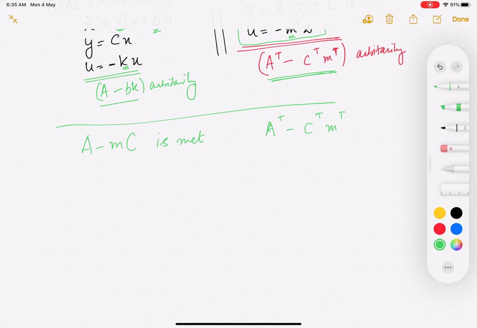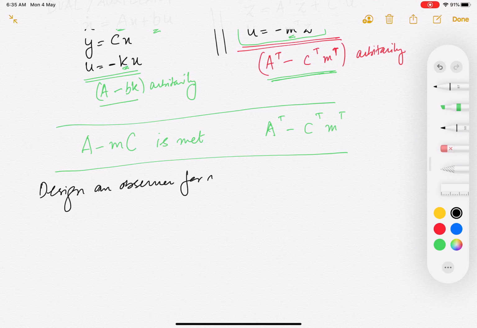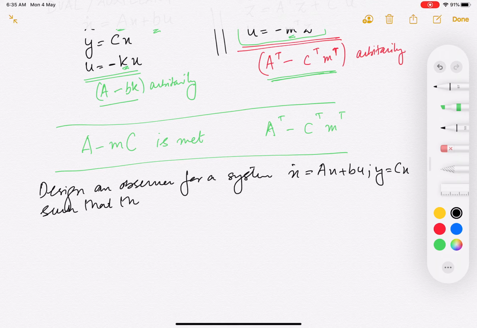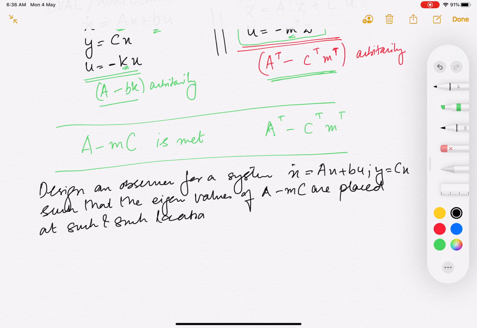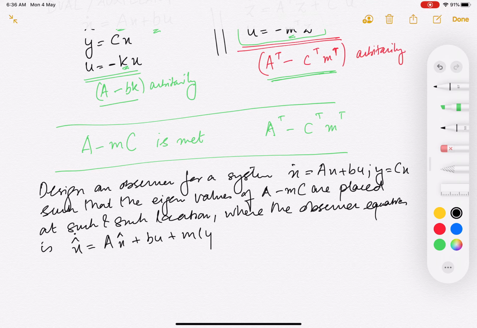So in a way, when we say design an observer for a system x dot is equal to Ax plus Bu, y is equal to Cx, such that the eigenvalues of A minus MC are placed at such and such location, where the observer equation is x cap dot is equal to A x cap plus Bu plus M (y minus y cap).